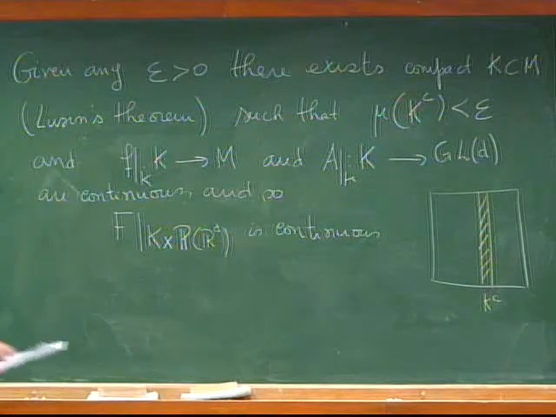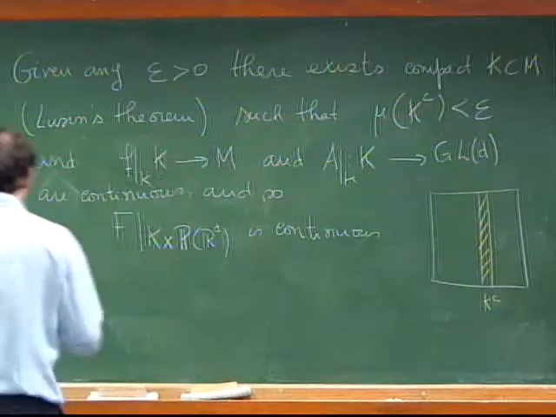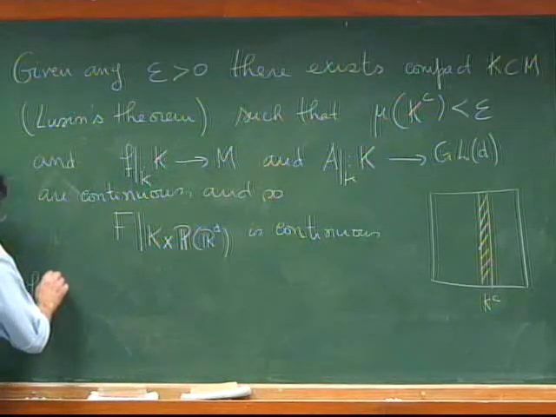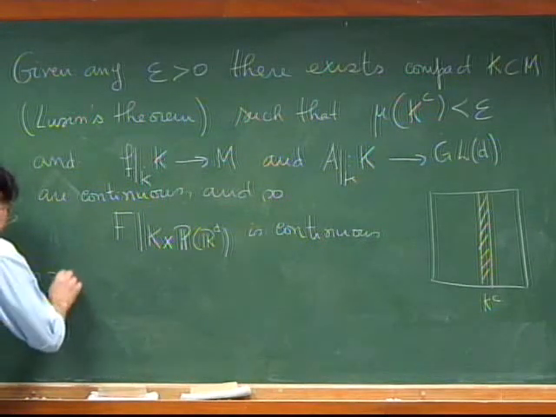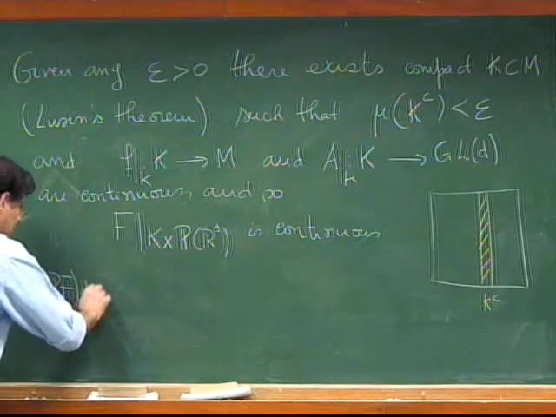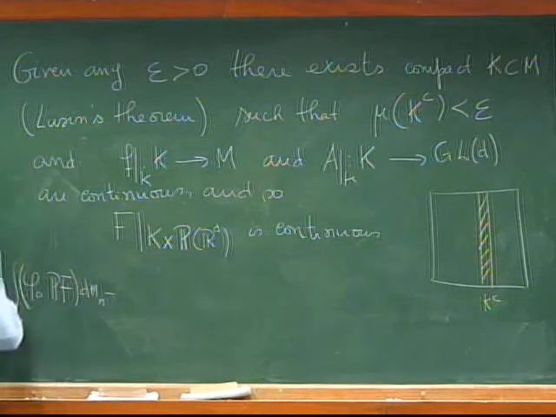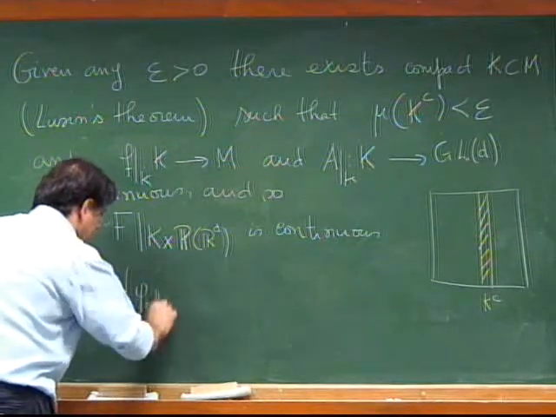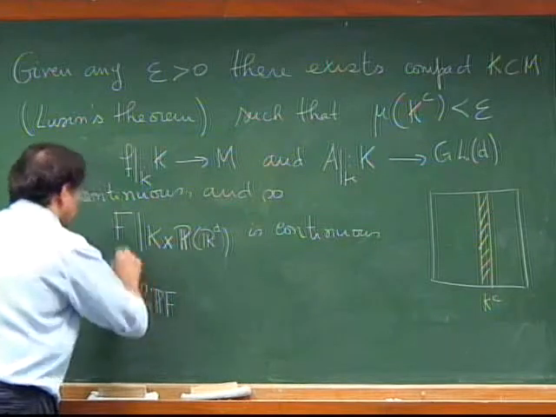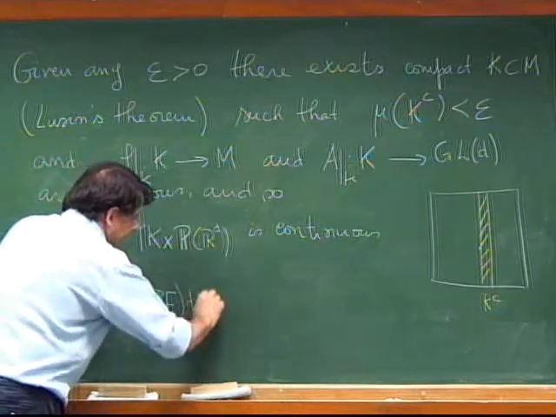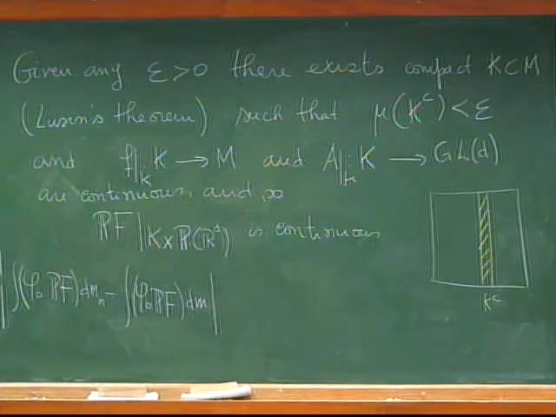So now I can do that properly. I want to estimate the difference between phi composed with pf, dmn, minus phi composed with pf, dm.